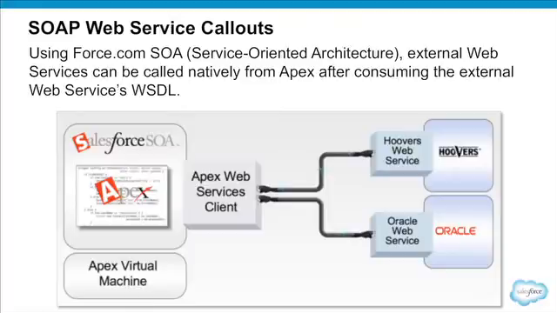And what we're able to do is a callout to either some web service that is public and out on the internet, like for instance Hoover's, let's say, or we might have our own internal, in this case, some sort of Oracle system. That web service that we'd call, we'd have to go through an internet-based gateway since we are on the internet, but we could call an internal system through that gateway.